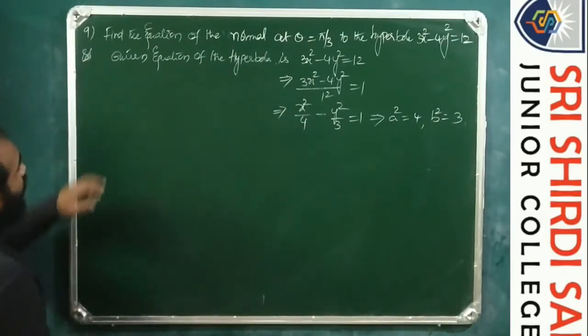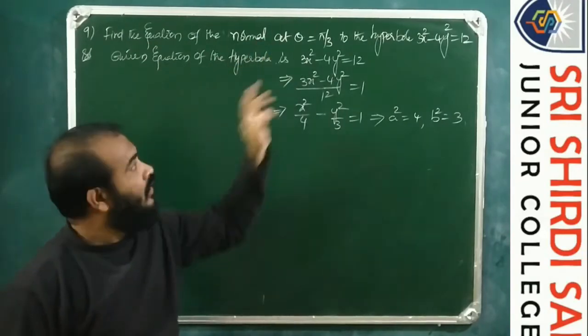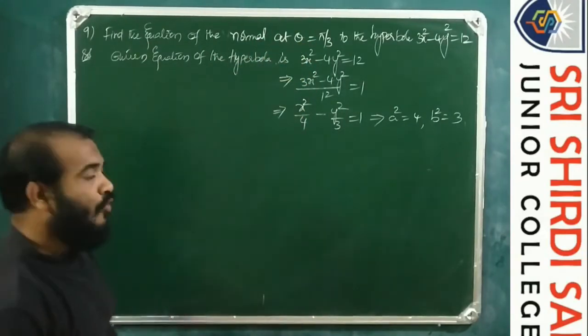Now he asks us to find the equation of the normal at θ, that means at the parametric point.